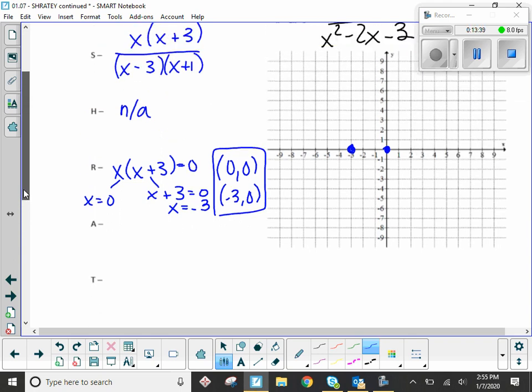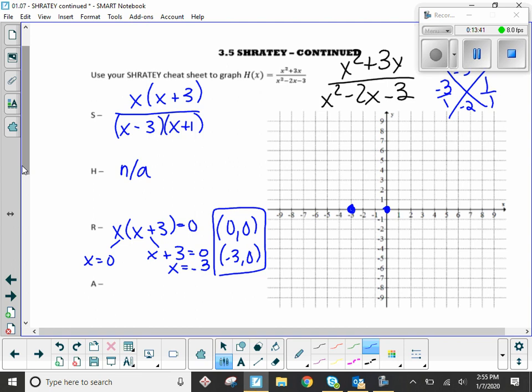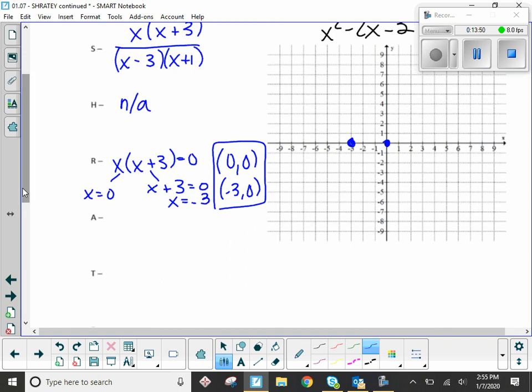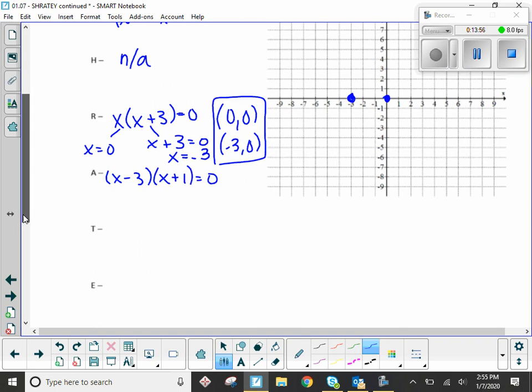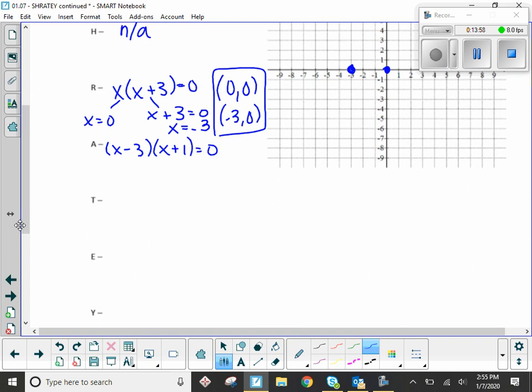Do you think I'm going to use the factored form or the original form here? Factored, absolutely. You already did that work, roll with it. So here I got x minus 3 times x plus 1 equals 0. Because I set the bottom equal to 0, I use the factored form since that part of my work was already done.